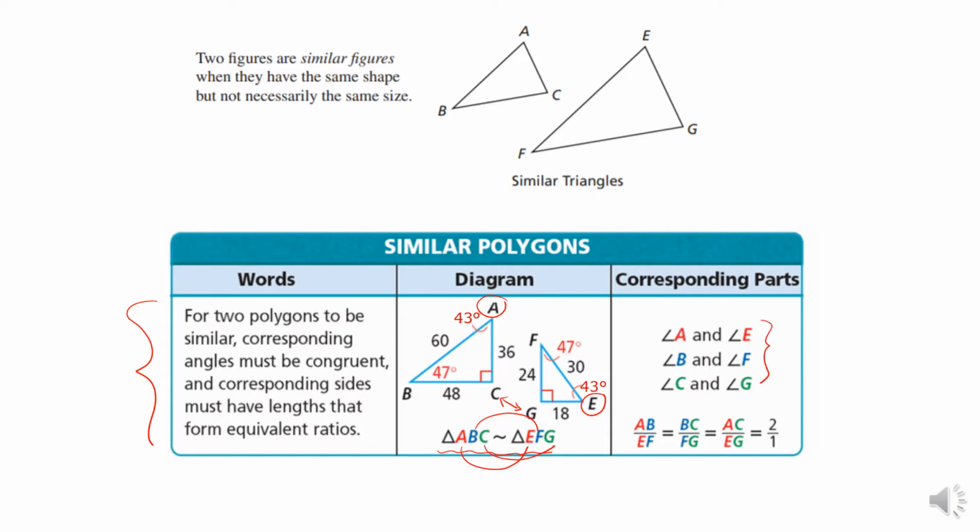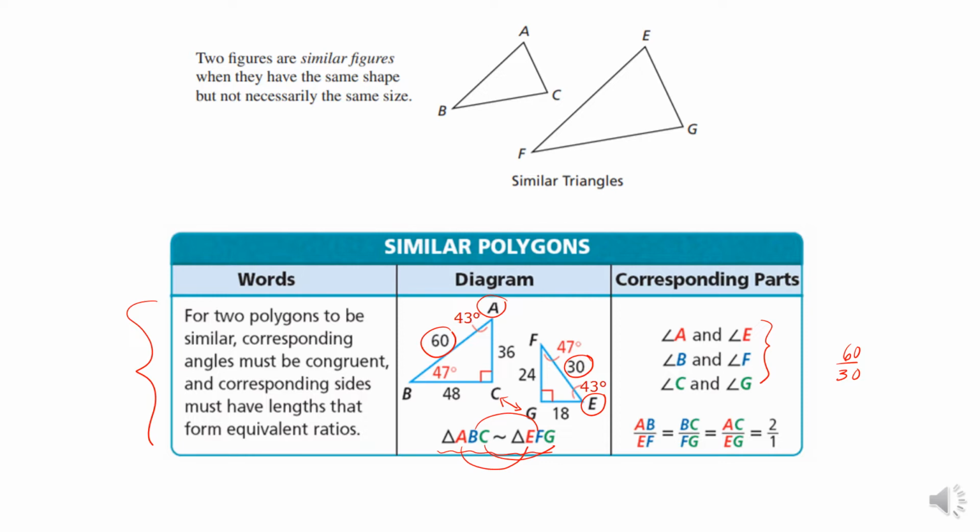And then I want you to notice that if you go by the measurements, we have AB is the side between 43 and 47. So that would be corresponding to this. So you could say 60 is to 30. And then you would go to the second side. BC is the one between 47 and the right angle.